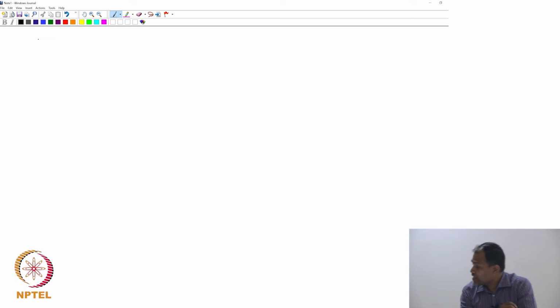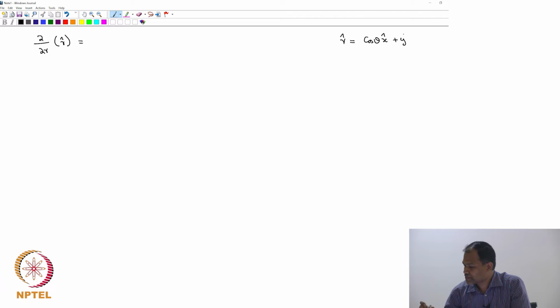We want to first calculate del by del r of r cap. We know the relation: r cap is cos theta x cap plus sin theta y cap, and theta cap is minus sin theta x cap plus cos theta y cap.